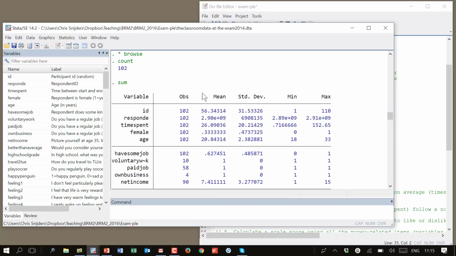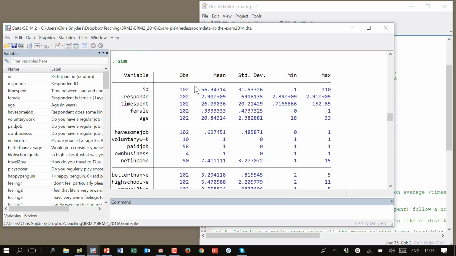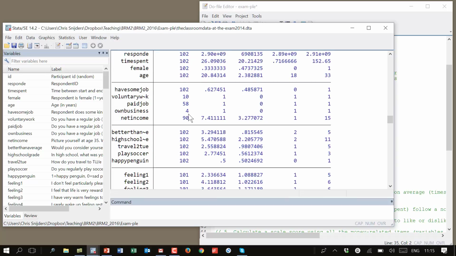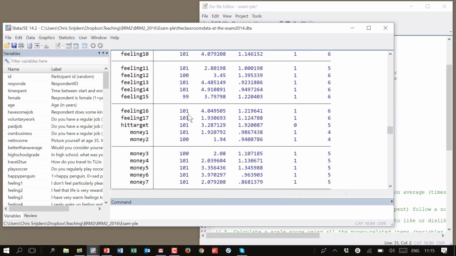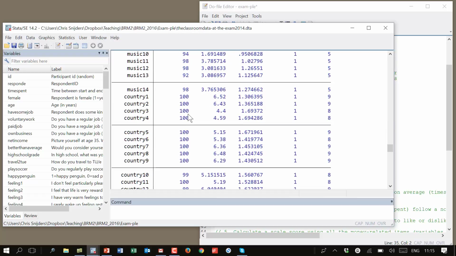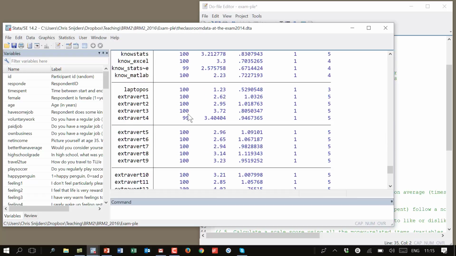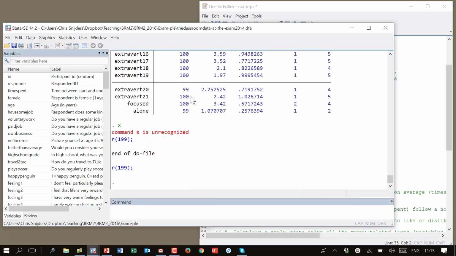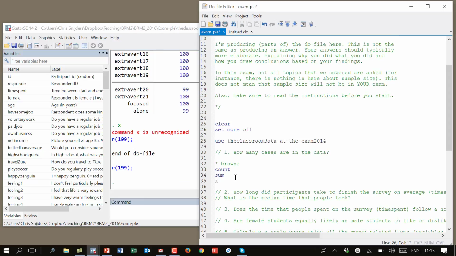But also here you see, for all the different variables, how many observations: 102 most of the time. There are some missings here and there, but 102 is the largest number apparently. So these two things combined give you that 102 number.